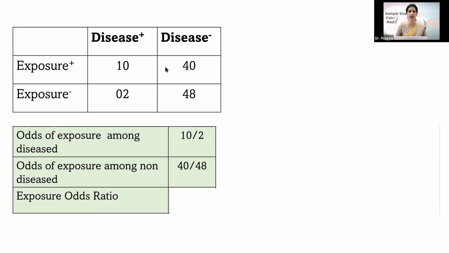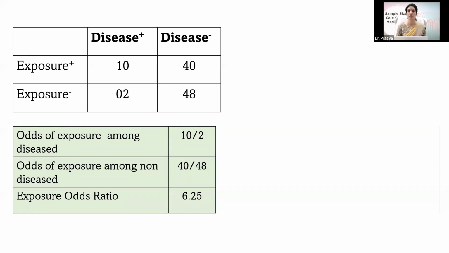Do you understand now the odds of exposure among non-diseased? This is the non-diseased column. Everybody is clear on this. So the odds of exposure in non-disease will be 40 by 48. And if you calculate the odds ratio, what will it be? Yes, it is 10 by 2 divided by 40 by 48.